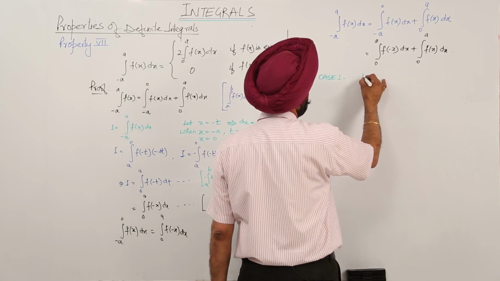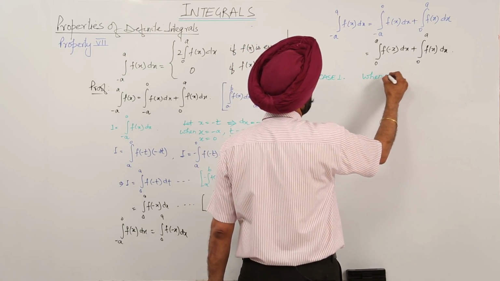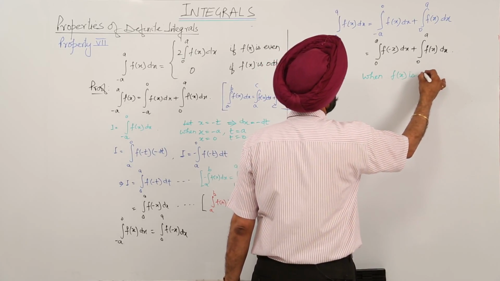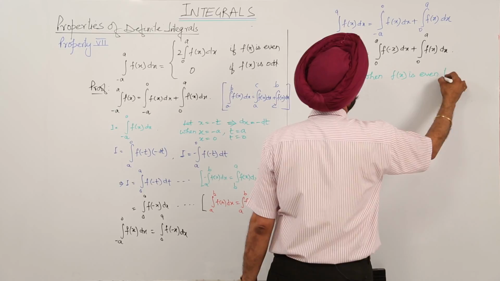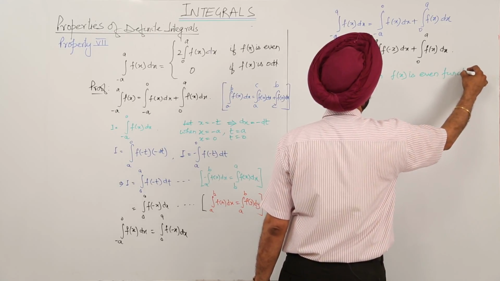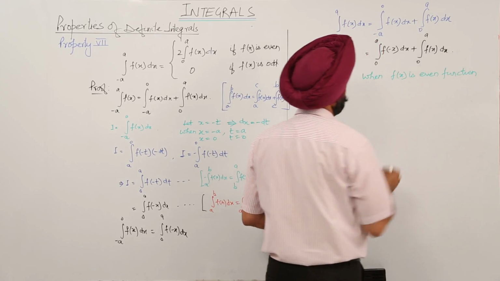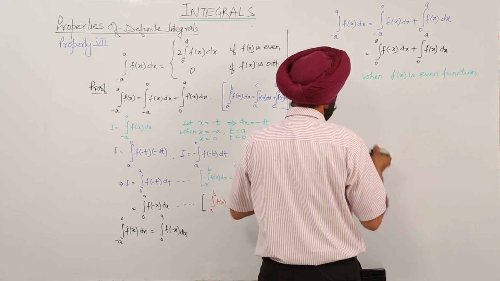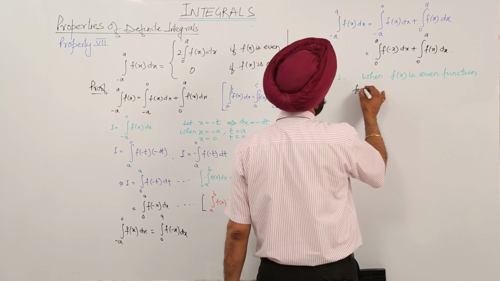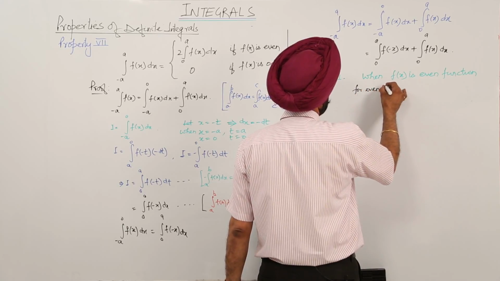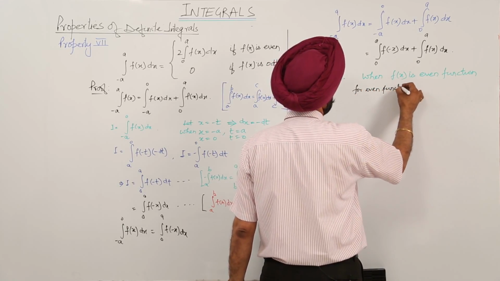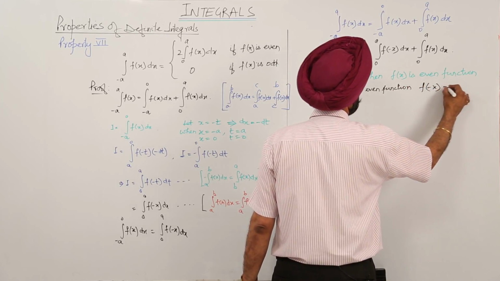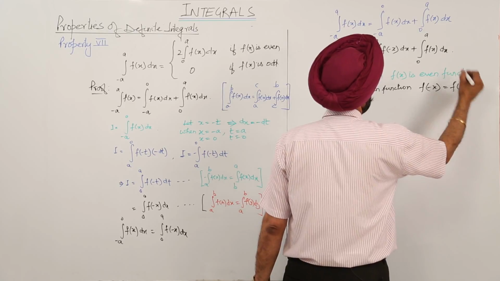Now case 1, when f(x) is an even function. For an even function, f(minus x) is equal to f(x).